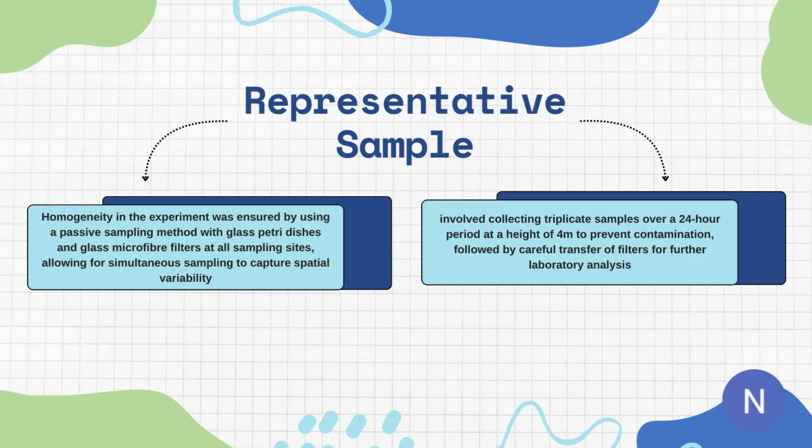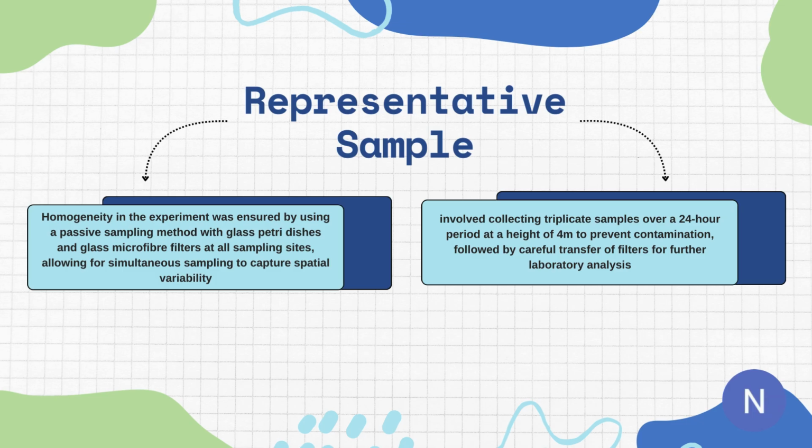For representative sample, there are two kinds. Firstly, homogeneity in the experiment was ensured by using the passive sampling method with glass petri dishes and glass microfiber filters at all sampling sites, allowing simultaneous sampling to capture spatial variability.